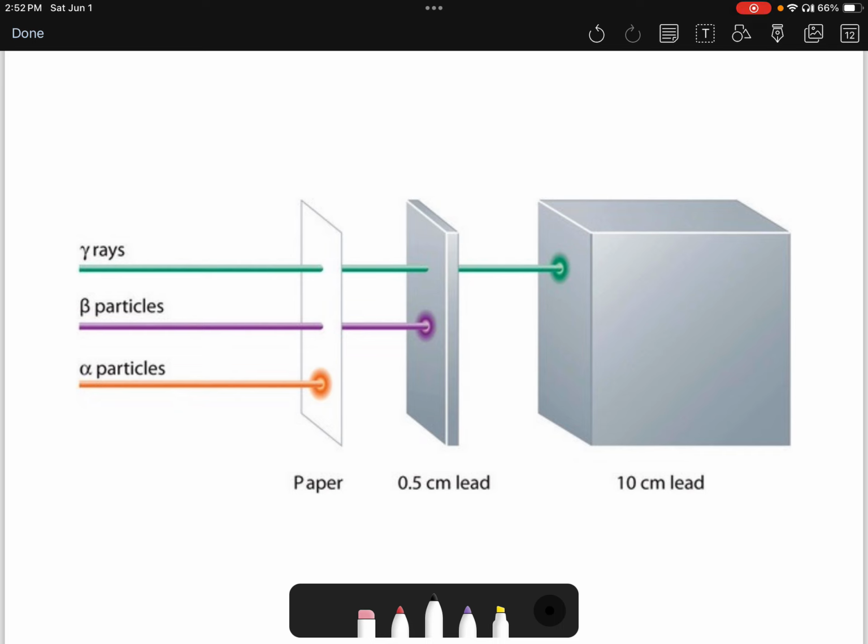We just saw that alpha particles are relatively heavy compared to the other two, so they have more mass. An alpha particle can be stopped pretty easily by something as thin as a sheet of paper. Beta particles, however, remember, those were essentially electrons, and electrons don't have any mass.